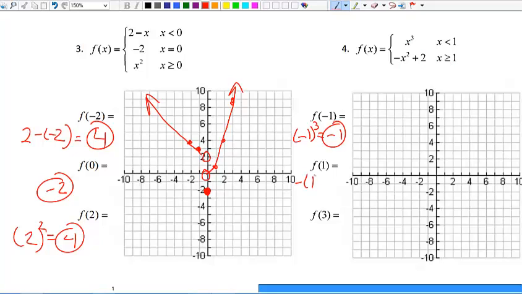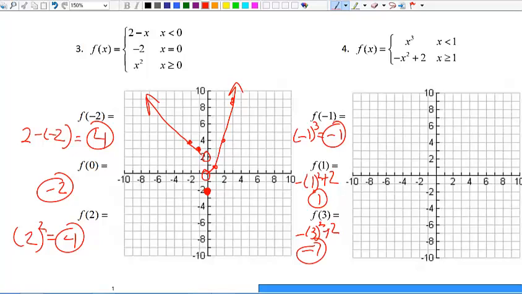So 1 squared plus 2, which is 3. And then negative 3, I get from the top equation. So that'd be negative 3 cubed, negative 27.